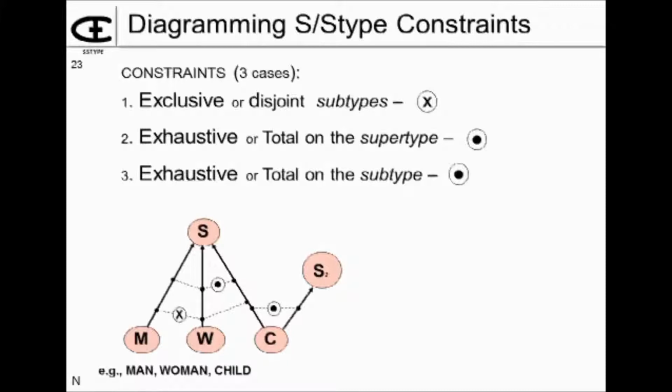The dot says you must be in at least one of them, and the exclusion means you must be in at most one of them. Very parallel to what we had before. And then the third one is the dot that's on the C here. It says if you are in both S and S2, both of the subtypes, then you must be in C. Otherwise, you don't have to be in C.